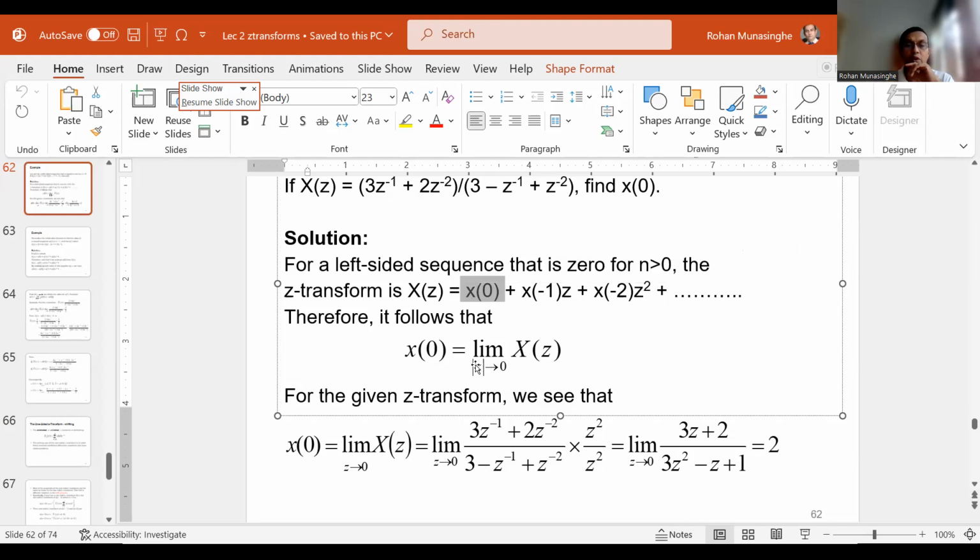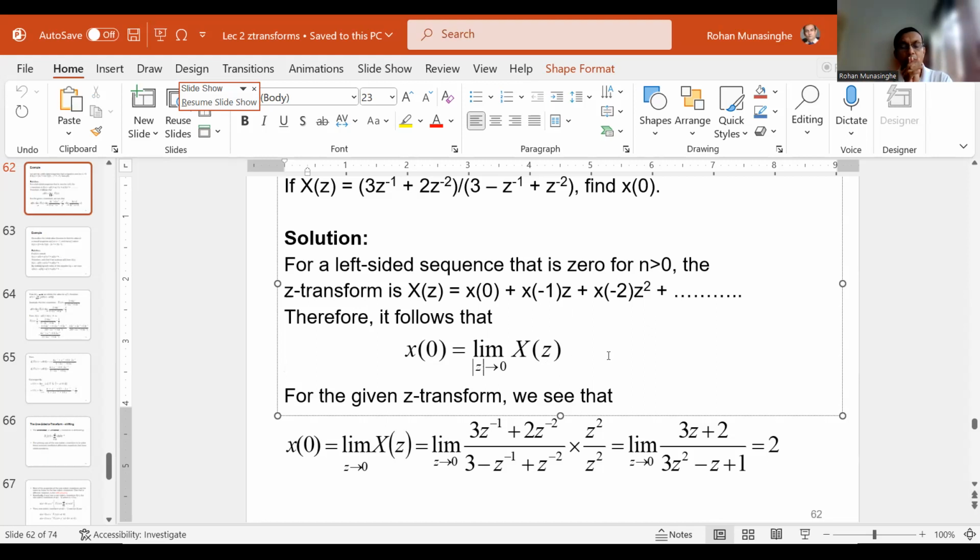All right. So when you do that, limit of z to the 0, all the terms except for the first one on the right-hand side go to 0. Clear? Right. So that is the theory of the initial value theorem, how it changes depending on whether you're dealing with a left-sided sequence or right-sided sequence.